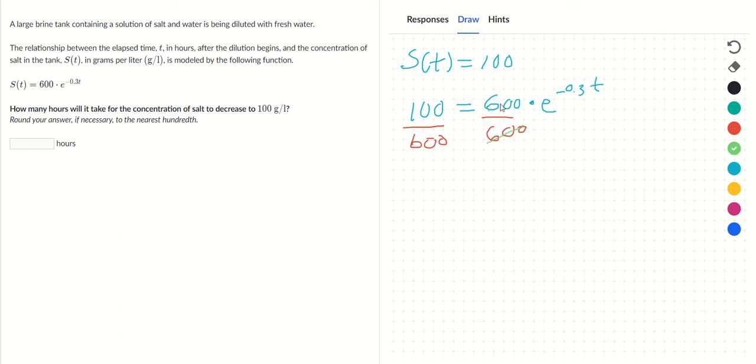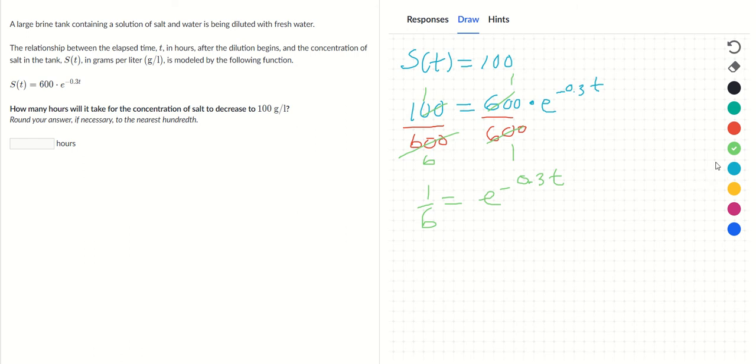So 600 over 600 is 1, and here 100 over 600 is 1/6. So now I have 1/6 equals e raised to the negative 0.3 t. Okay, what do I do now?